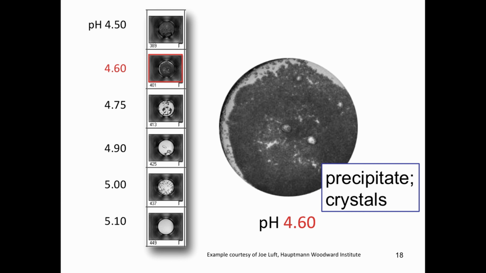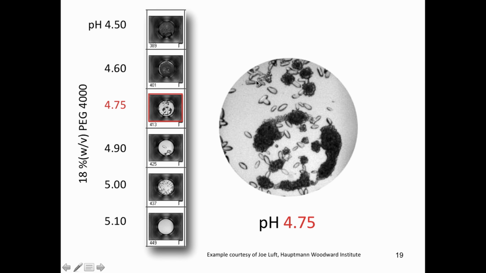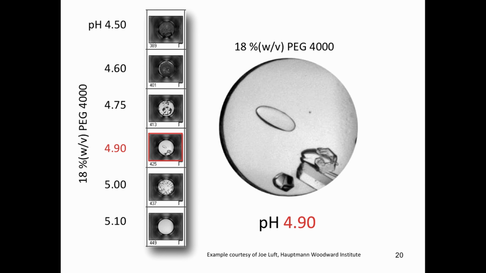If we tweak the pH a bit, this actually shows an improvement. It may not look like an improvement, but in fact it is, because if you look here along the perimeter, there are very small crystals actually forming. Now when we change the pH just a bit more, we can see that now we are getting crystals and much less of the precipitate. Here at last, we can actually get some crystals that we could put into the X-ray beam.